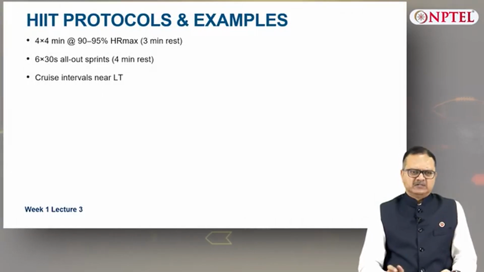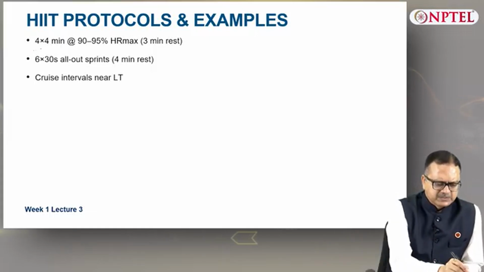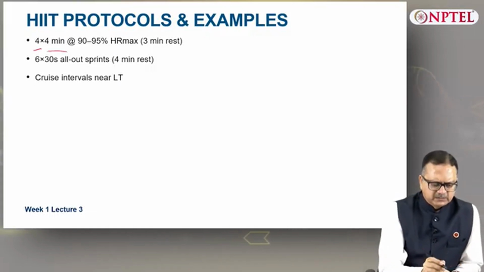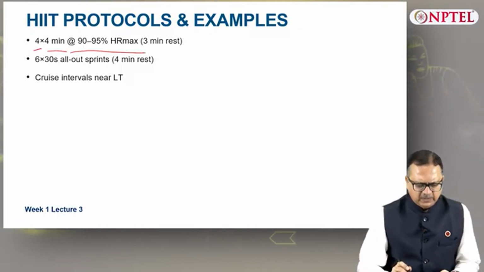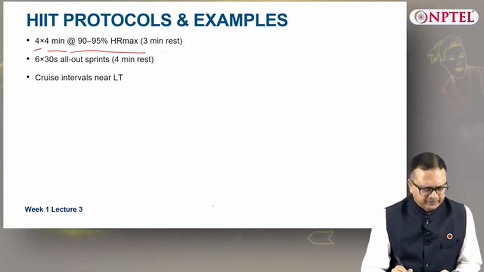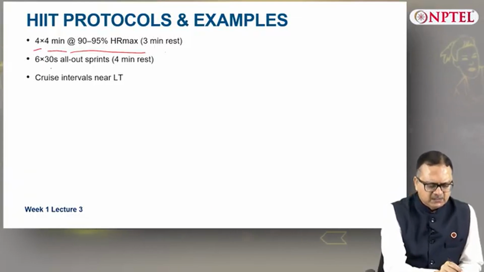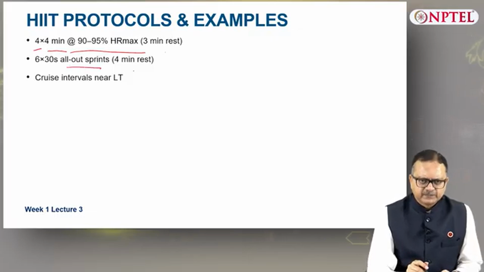What are the HIIT protocols or examples? So you do 4 reps of 4-minute runs at 90 to 95% of HR max with a 3-minute rest period. Or you do 6 30-second all-out sprints with 4-minute rest.